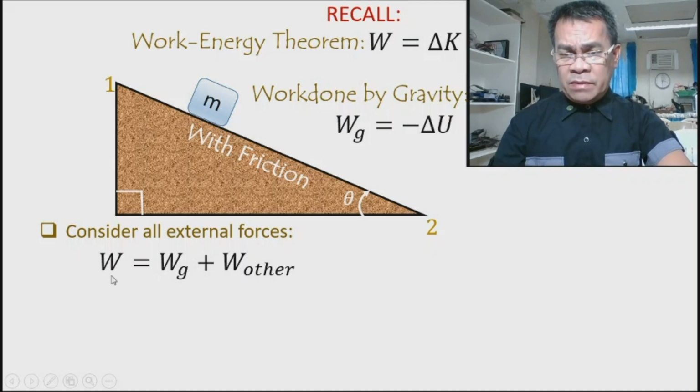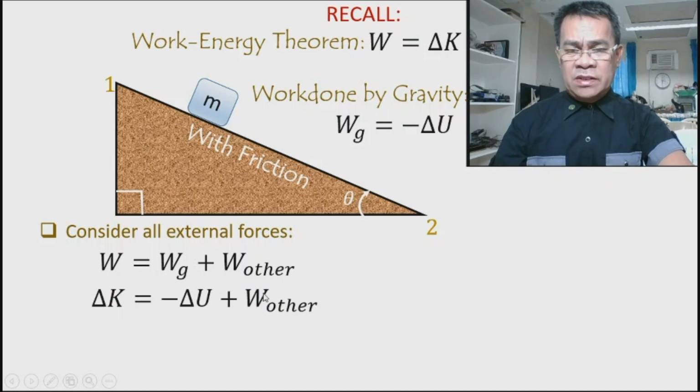The work done by the system, this without subscript, is the change in kinetic energy, while this is the work done by gravity, and we can replace that with negative change in U. And the work done by other is, again, for the work done by friction or other external forces, so leave it as work done by other.